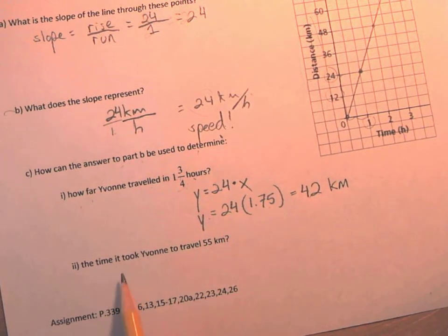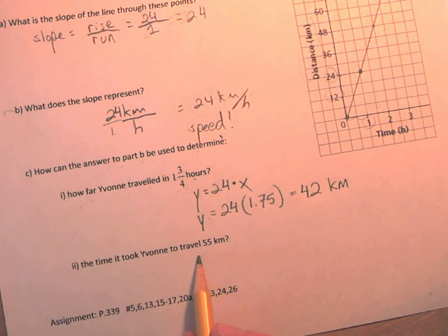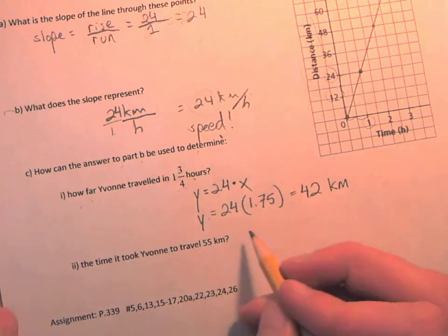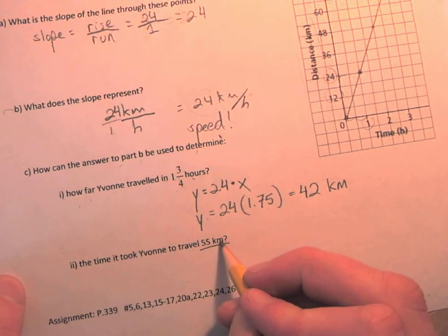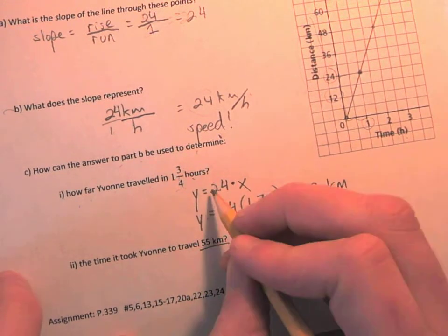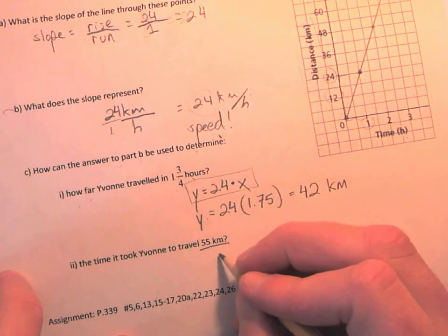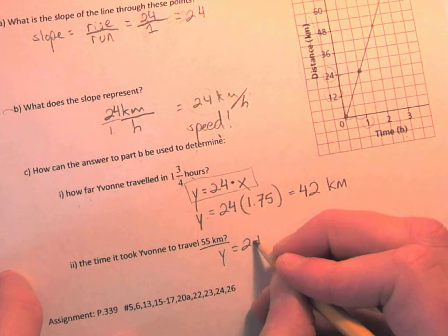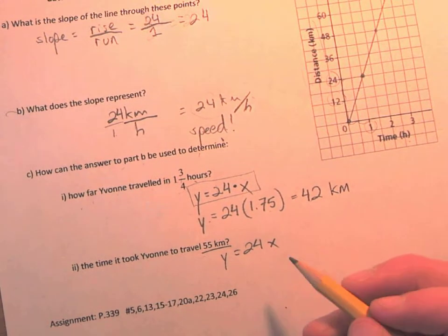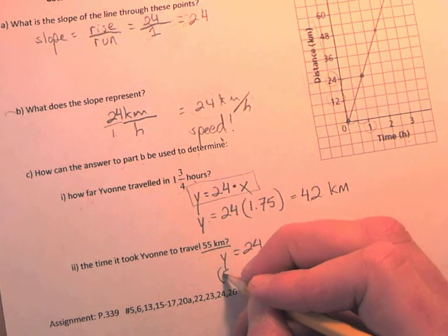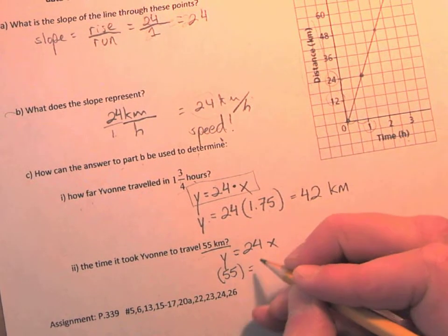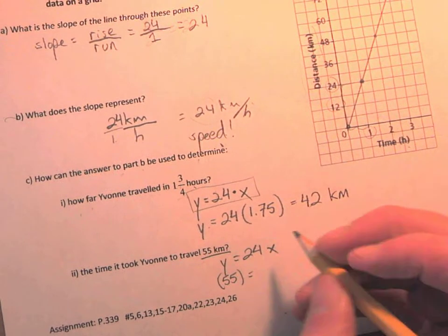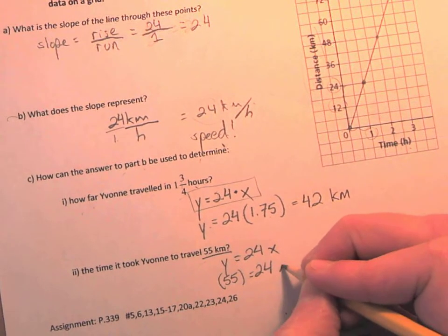And now it's saying the time it took Yvonne to travel 55 kilometers. So this time they give us the kilometers and they want us to find the time value. So we can use the same equation here, which is y equals 24x. And then our y value is 55 this time, not our x value, and we have to find the x value.